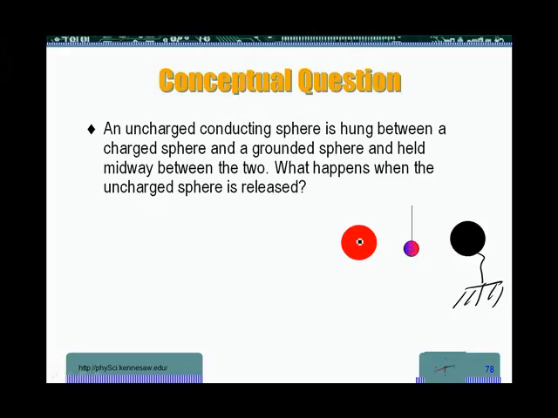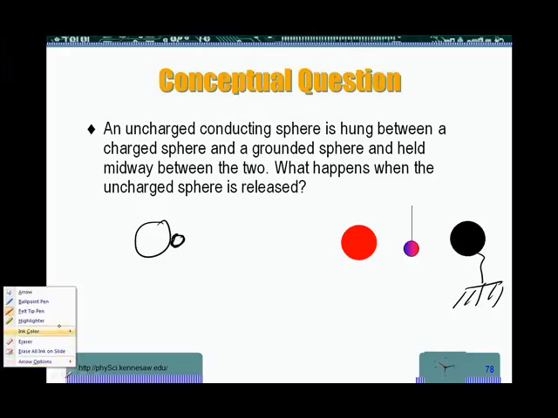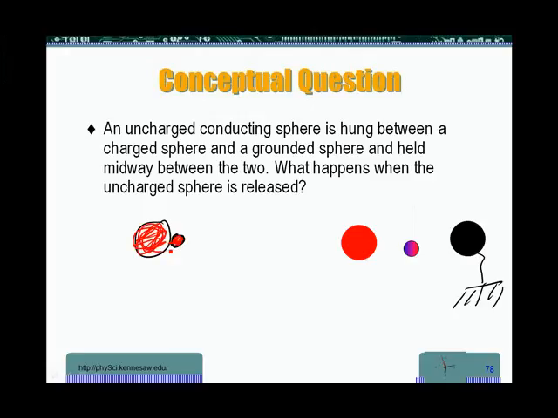What's going to happen when it is going to be attracted to this one? So eventually, it's going to touch it. When it's going to touch it, what's going to happen? Both of them are going to have the same charge. Okay. Once they have the same charge, what's going to happen?